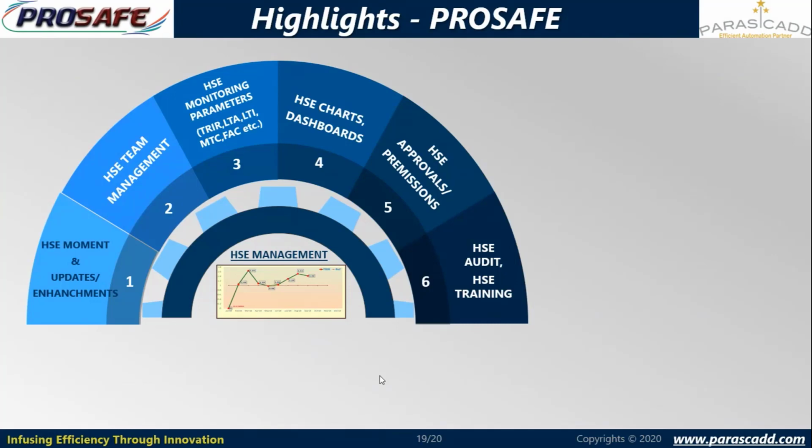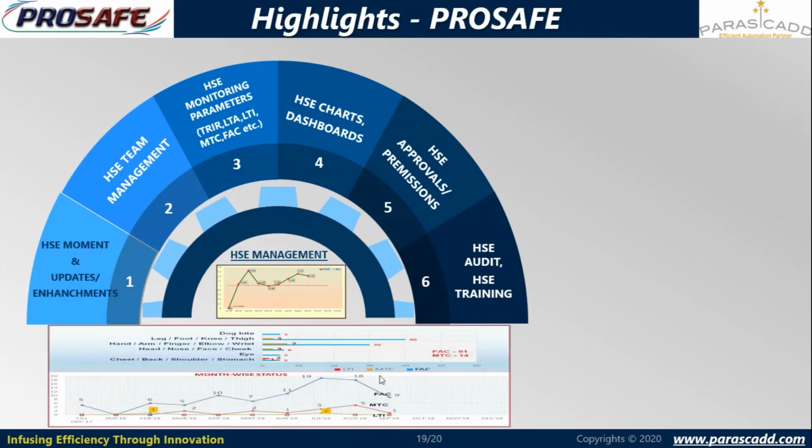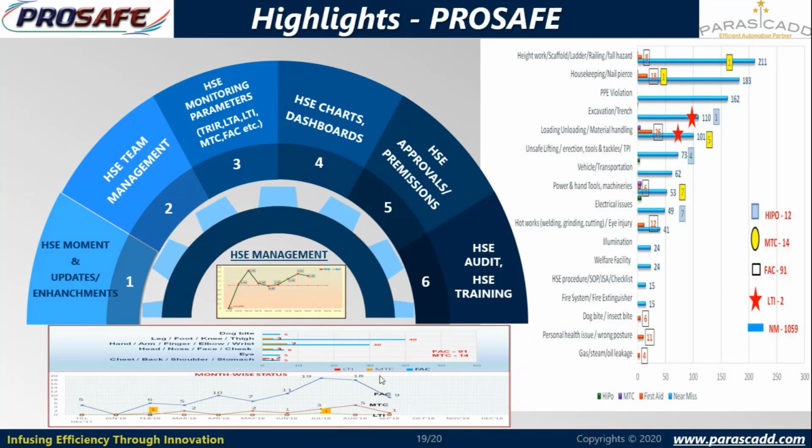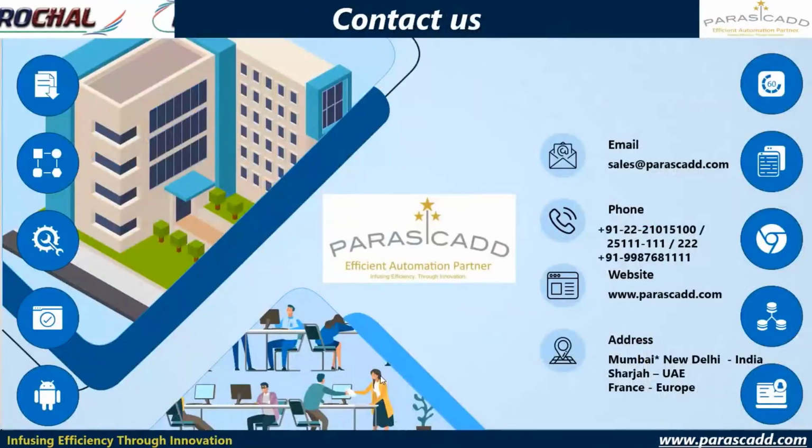Also, we have seen the TIIR chart that is plotted in the HSE dashboard. Then the various 29 parameters plotted in charts and the inputs which we have given in the 29 parameters. So the provision for month-wise statistical inputs we have also seen.